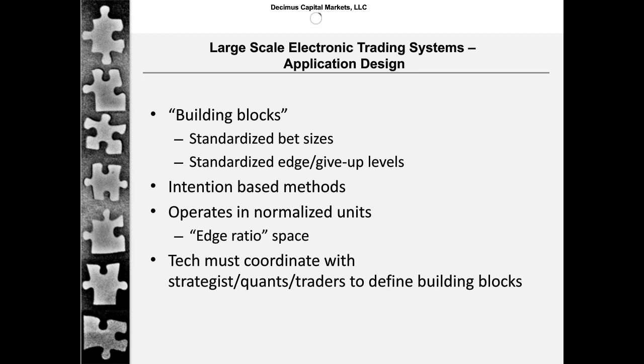So what I'm getting at here is the algorithms don't deal directly with the properties of these options. The trading algorithms are basically dealing with heavily transformed variables, proprietary variables that we invent to allow us to normalize and standardize the trading across the whole universe.